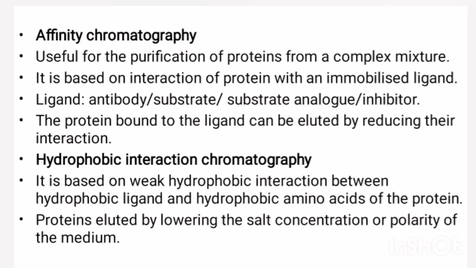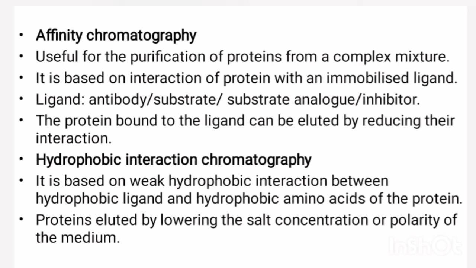The third type of chromatography is affinity chromatography. It is used for the purification of protein from a complex mixture. It is based on the interaction of protein with a ligand. The ligand can be a specific antibody, substrate analog, or an inhibitor.